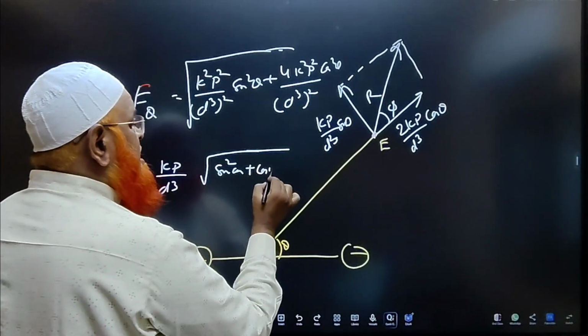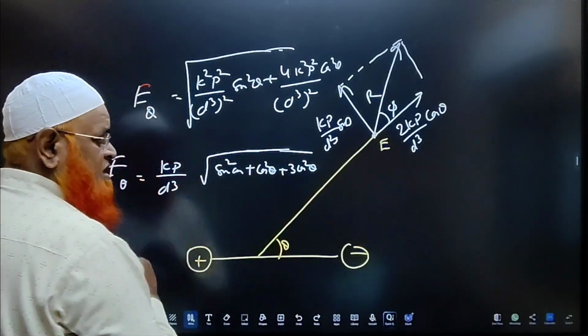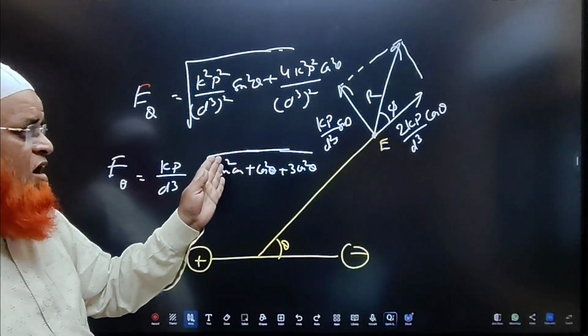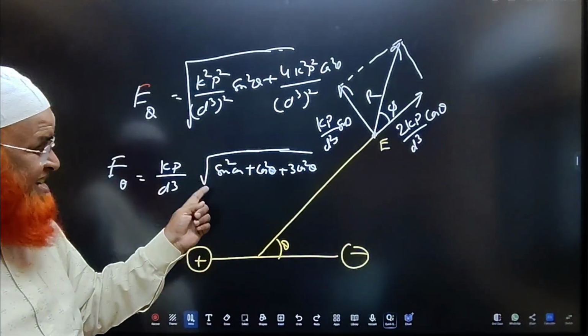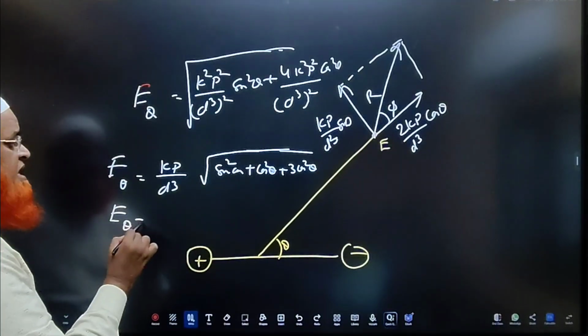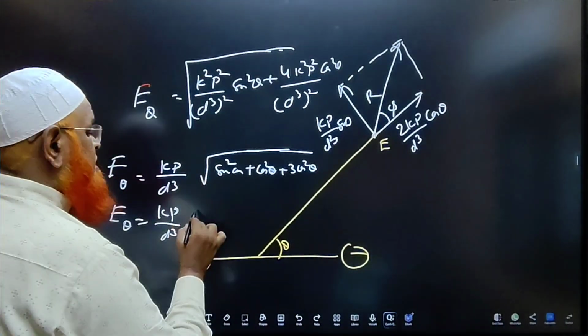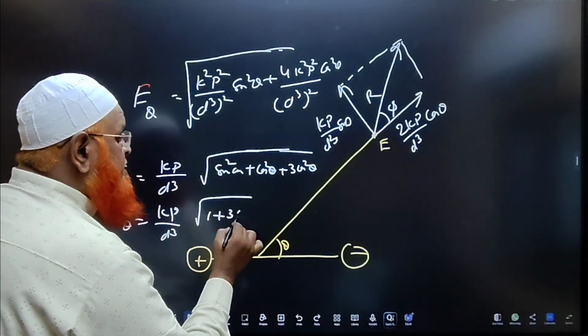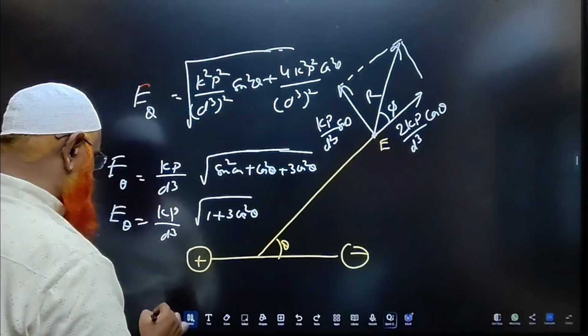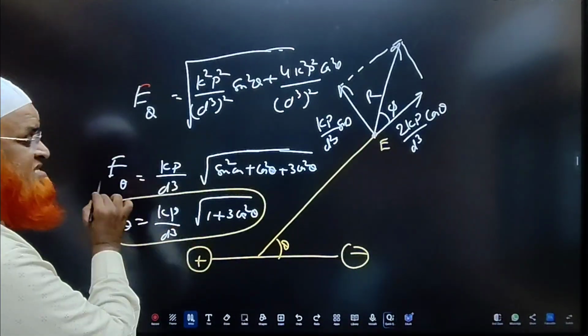Can I write this as cos square theta plus 3 cos square theta? I am writing 4 cos square theta as cos square theta plus 3 cos square theta because sin square theta plus cos square theta is 1. Therefore, E at a certain angle is Kp by d cube times the square root of 1 plus 3 cos square theta, which is the resultant electric field intensity because of this electric dipole.